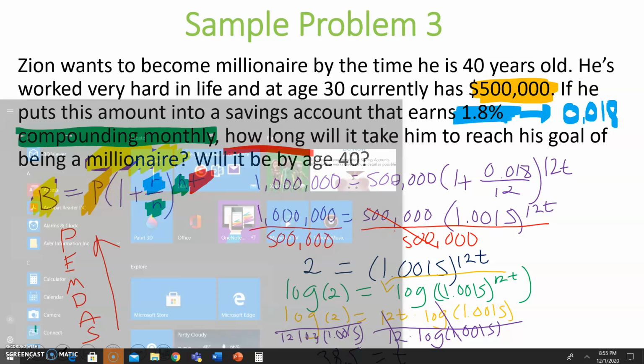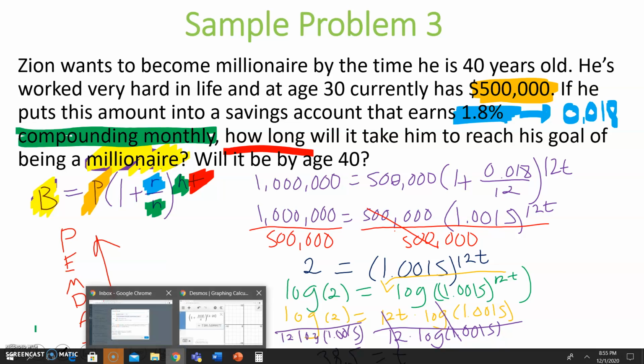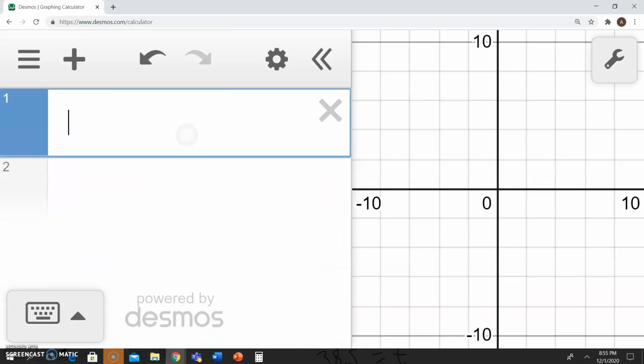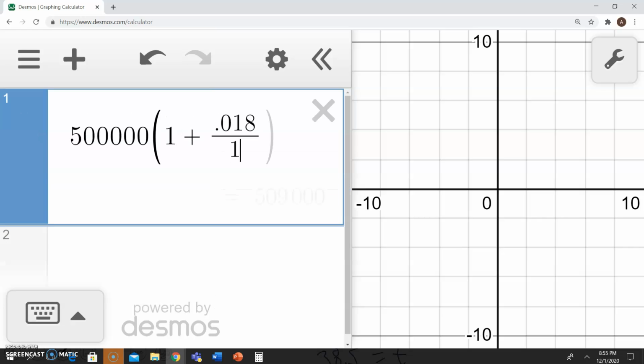All right, let's go ahead and verify that using Desmos. So this was 500,000, 1.8, monthly.